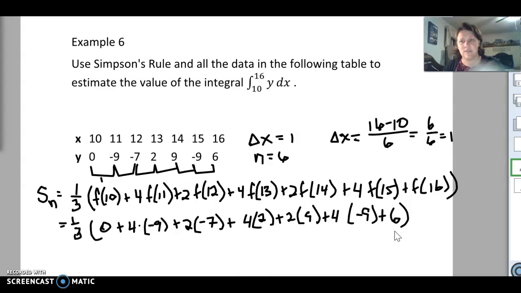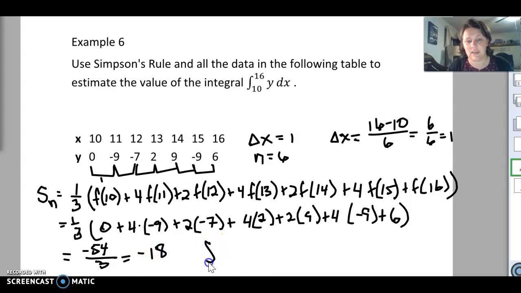Once you look at all of that, add all of that information up. I'm just going to double check, make sure I wrote all of those correctly. Okay, looks good. Now add all of those up, divide by 3, do all of your algebra in there. You're going to end up with negative 54 over 3, and that all equals negative 18.